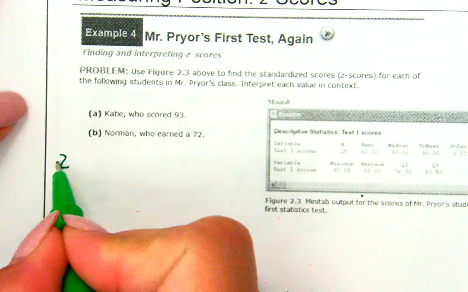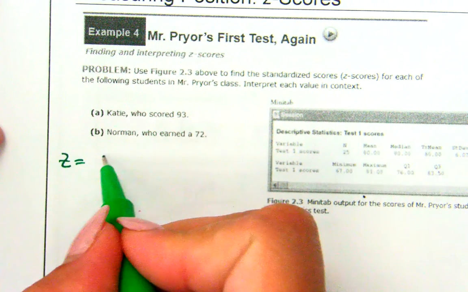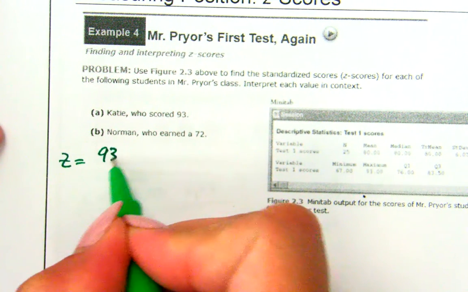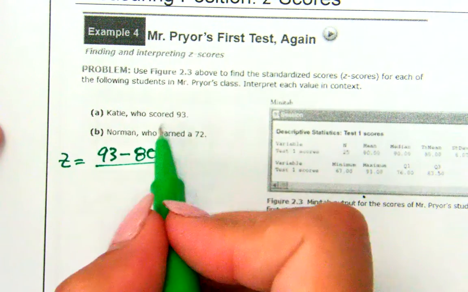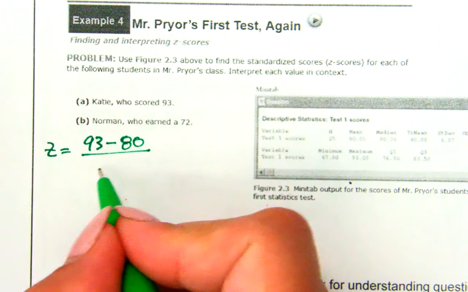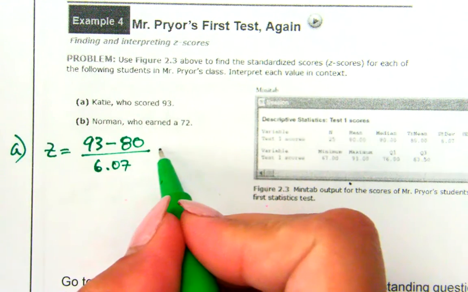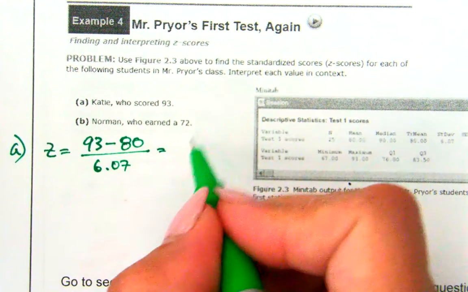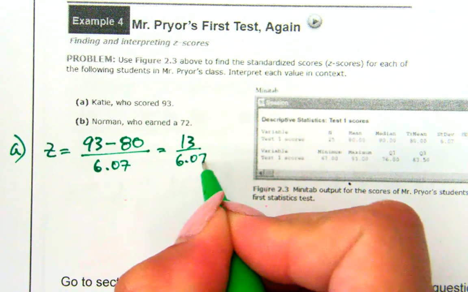Okay, so Z is going to be your observation, 93, minus your mean, which in this case is 80, divided by the standard deviation, which based on the information is 6.07. So we have 93 minus 80, which is 13, divided by 6.07.